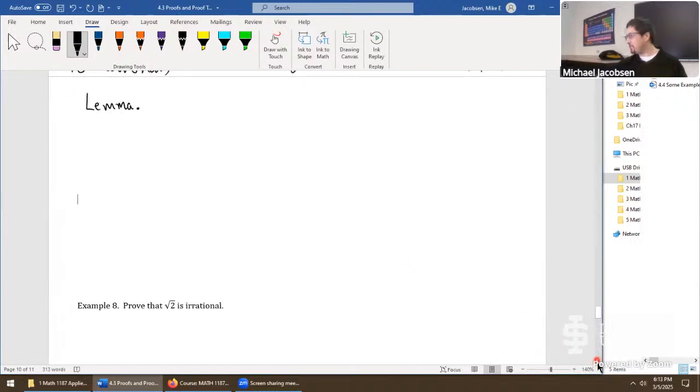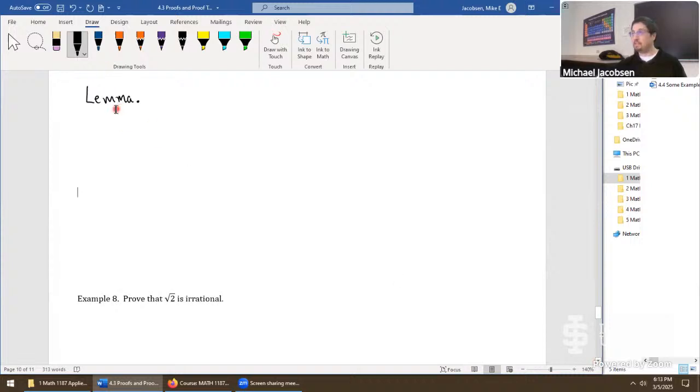Okay, so the idea of a lemma is, it is a theorem. It's a weird word. Well, the idea here is, if you say lemma, what it means is it's one of those theorems that you're probably only ever going to really use maybe once, and that's it. It's leveraged against a larger proof.